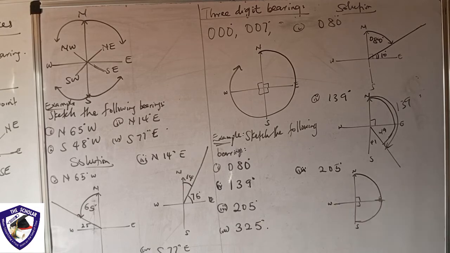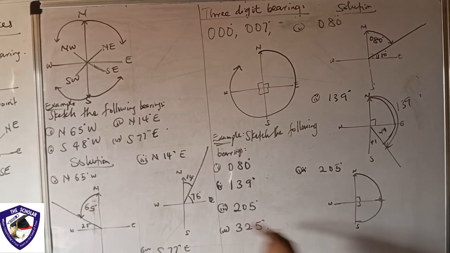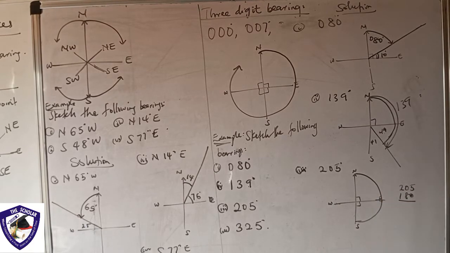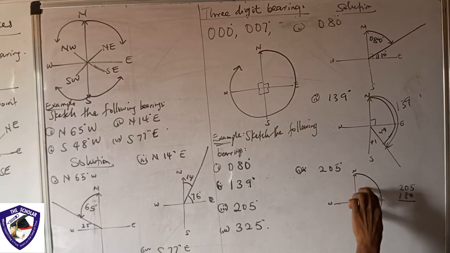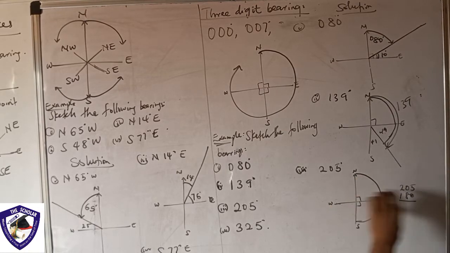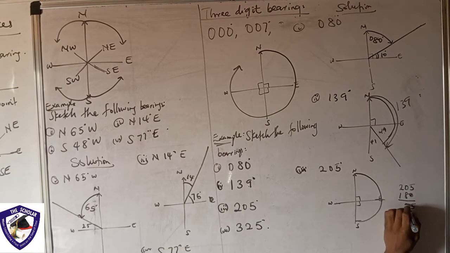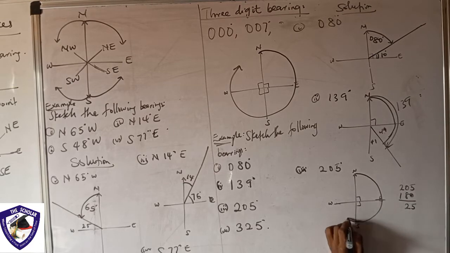So to get the remaining portion, I will subtract 180 from 205, not from 270, because I've completed this rotation. It is the rotation that you have completed that you subtract to get the remaining portion. So when you do that, this will give us 5, 20 minus 18 gives us 2. So the remaining portion is 25.